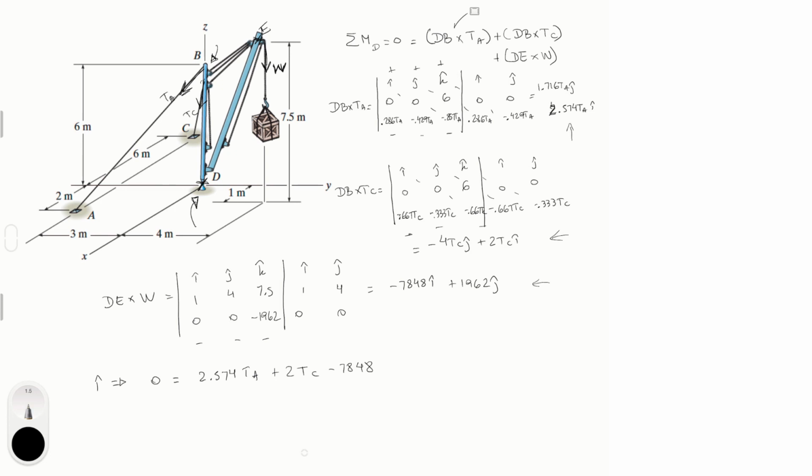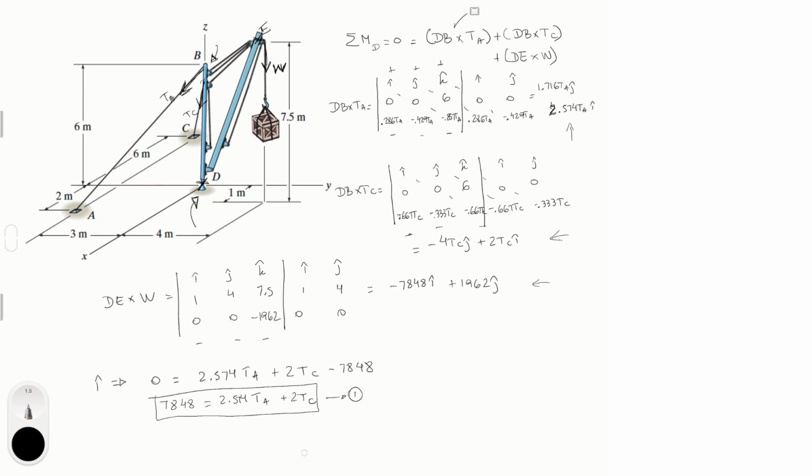We can clean this up a little bit, and we get that 7848 is equal to 2.574 TA plus 2 TC. Let's call this equation 1.